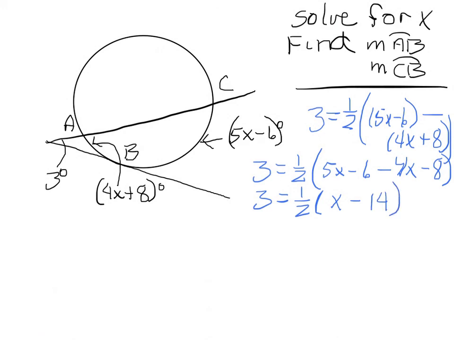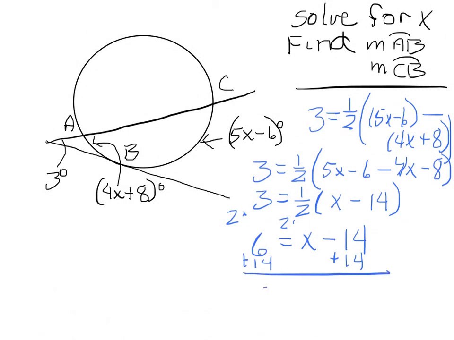Now we want to solve for x, so we multiply both sides by 2, and 2 times 3 is 6, 2 times 1/2 is 1, so we're left with x minus 14, and then we add 14 to both sides. We get 20 equals x.